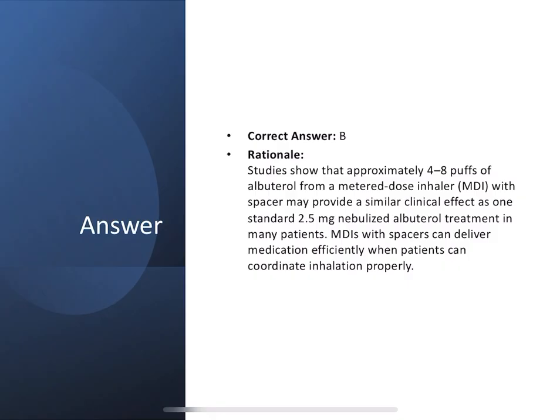MDIs with spacers can deliver medication efficiently when patients can coordinate the inhalation properly. It's also one thing to note that each puff is usually around 350 to 400 micrograms, so it makes more sense that one dose of a nebulizer is 2.5 milligrams.